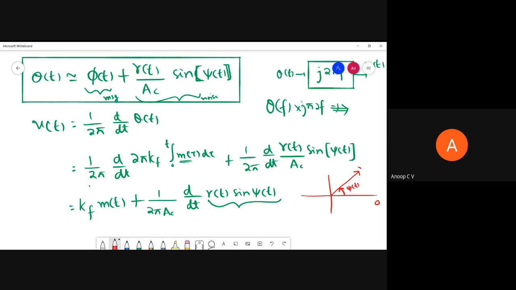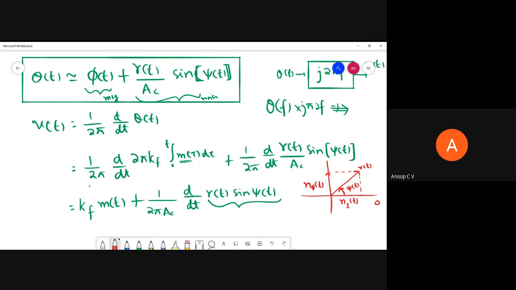So if you see the projection onto the real axis, that is the in-phase component, and the projection of r of t onto the imaginary axis will be the quadrature component.